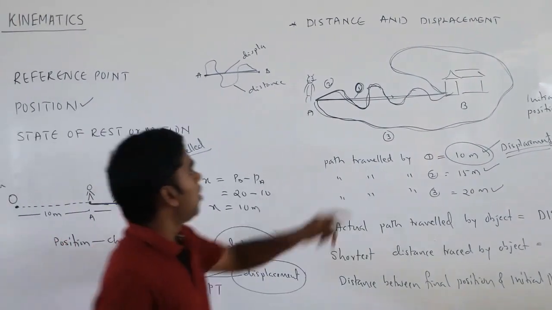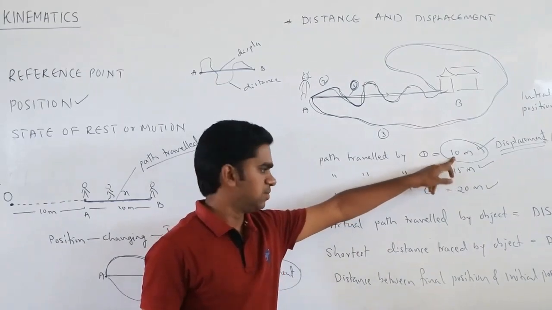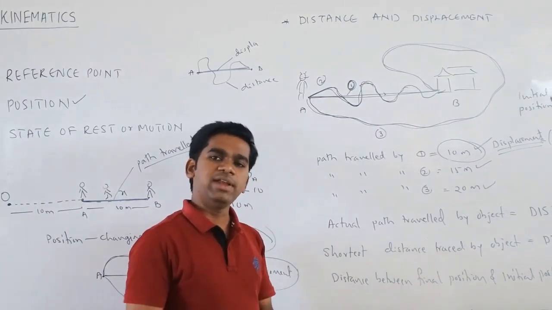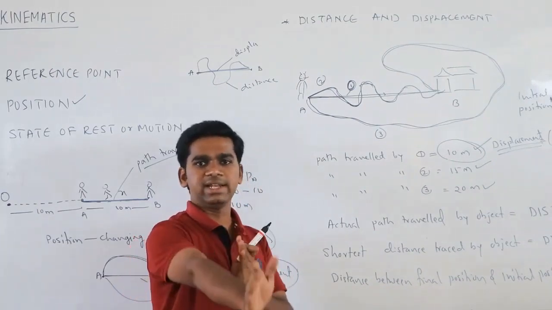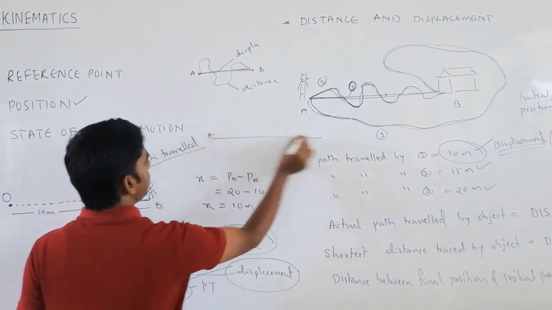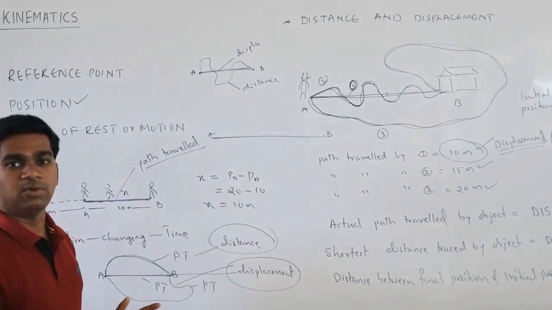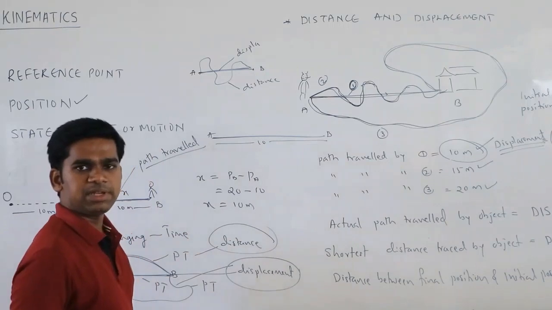Obviously. All three are distances. We have considered 10 as distance also. We are considering 10 as displacement also. Then when is distance equal to displacement? When the object travels in a straight line. Suppose from A to B, if the object comes from A to B straight without deviating, what is the distance? Distance is again 10. What is the displacement?